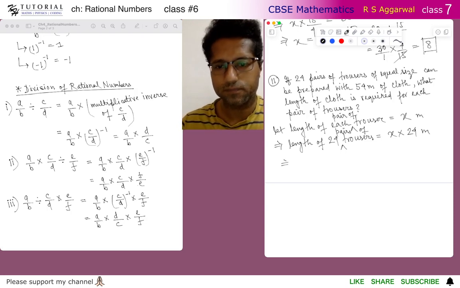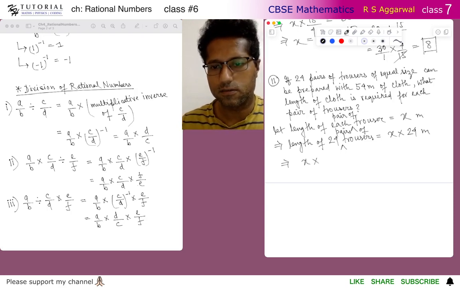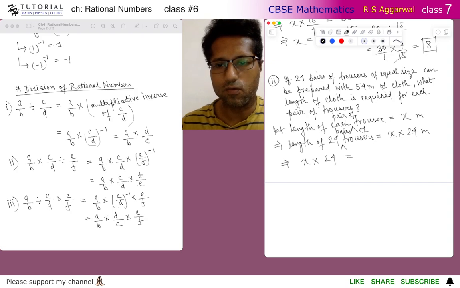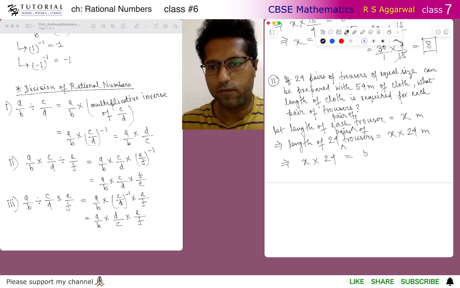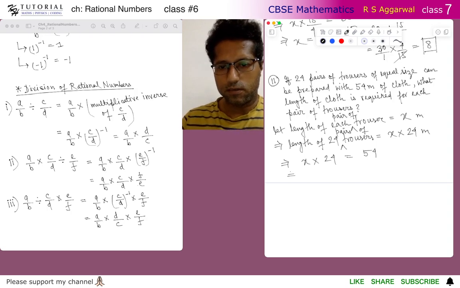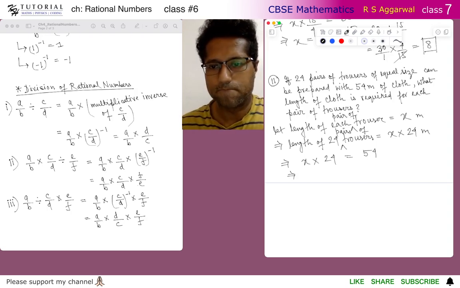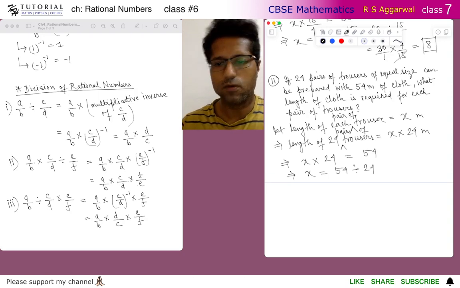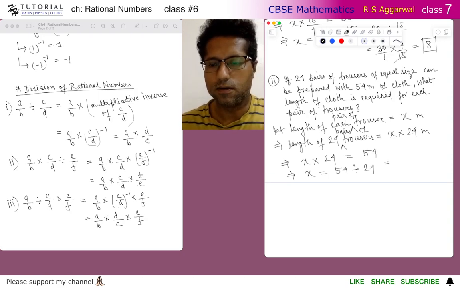This implies that x into 24 equals 54. So this implies x equals 54 divided by 24, and this is nothing but 54 by 1 divided by 24 by 1.